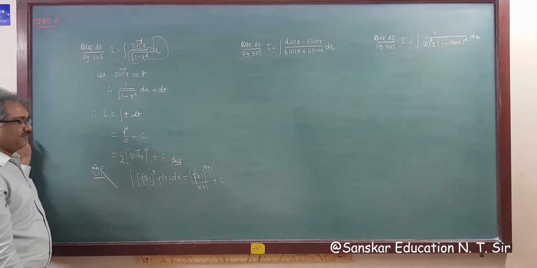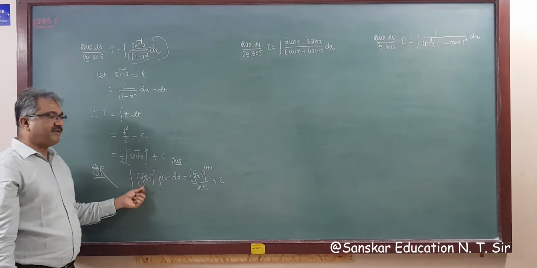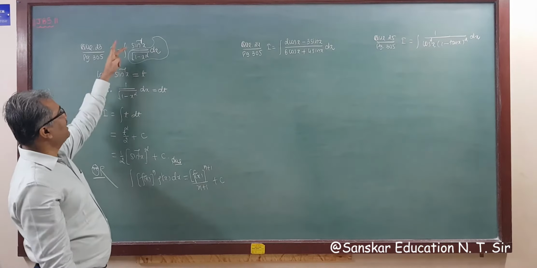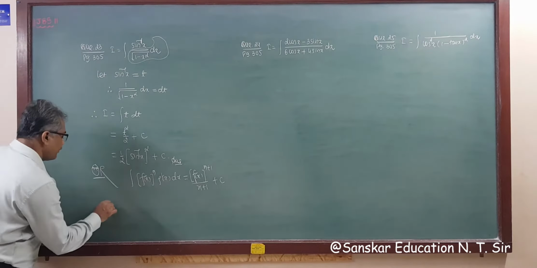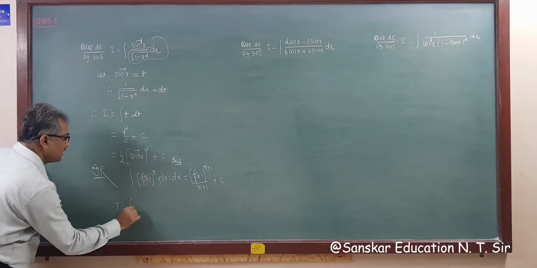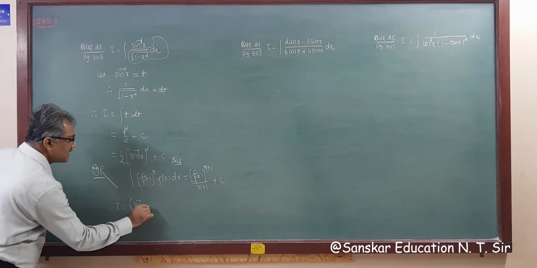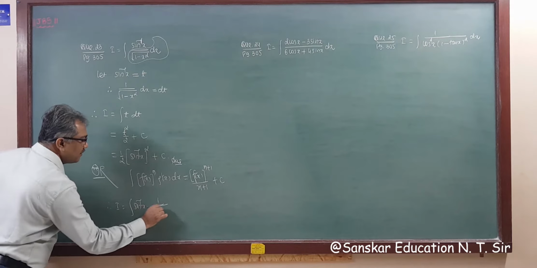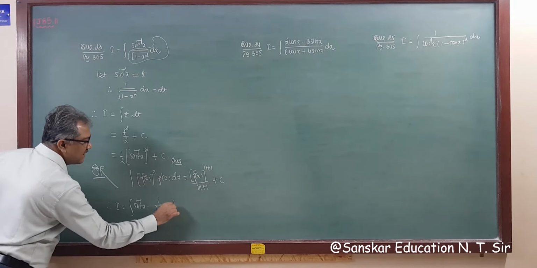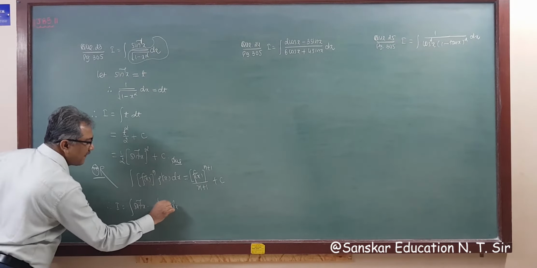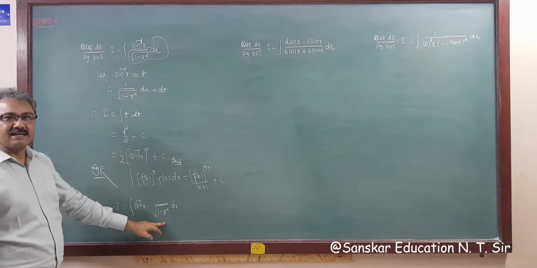This is the formula, meaning a function and its derivative. So sin inverse x is your function. What is given here? I is equal to the integration of sin inverse x into 1 upon the square root of 1 minus x square dx. So this is f(x), and this is f dash x.